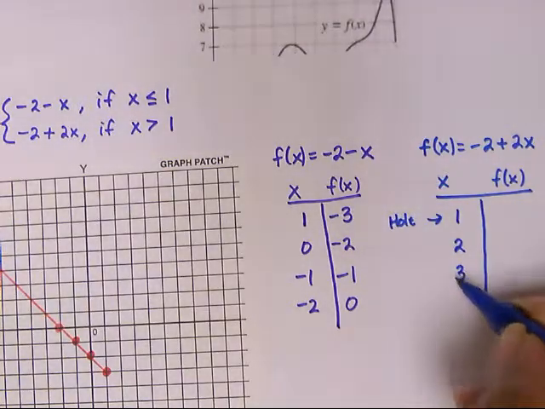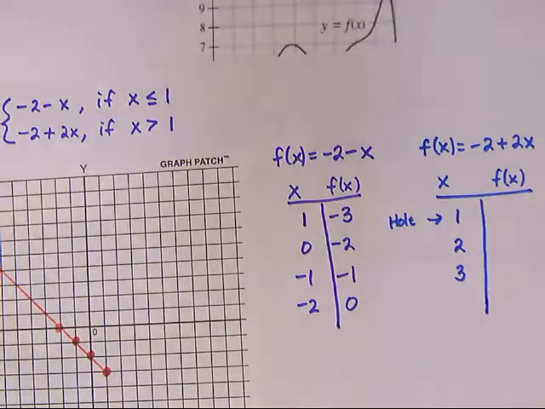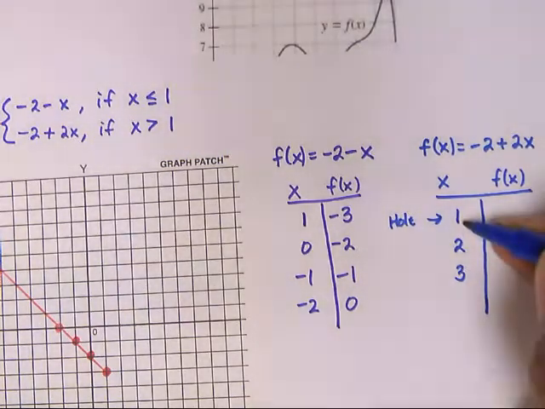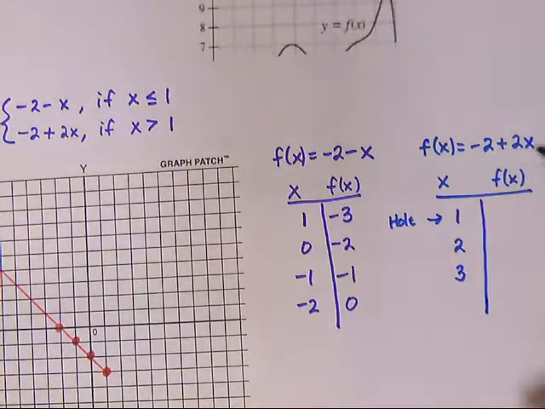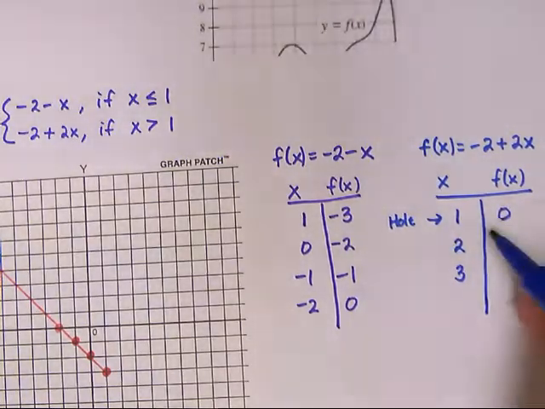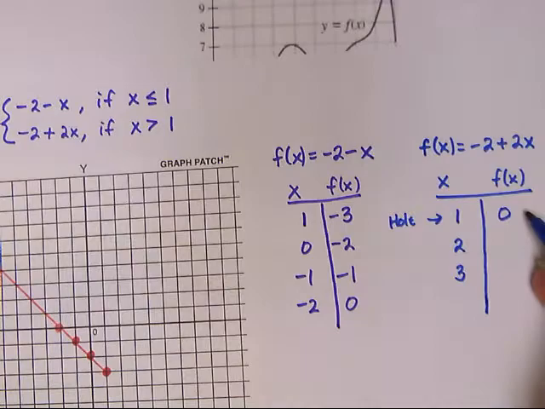And then I'll pick 2, 3, and I'll stop right there because I only need like 3 points here. Now at x equal to 1, this will be -2 plus 2 times 1, which is 2. 2 plus that -2 would be 0. So at the point 1, 0, I'm going to have a hole in the graph.